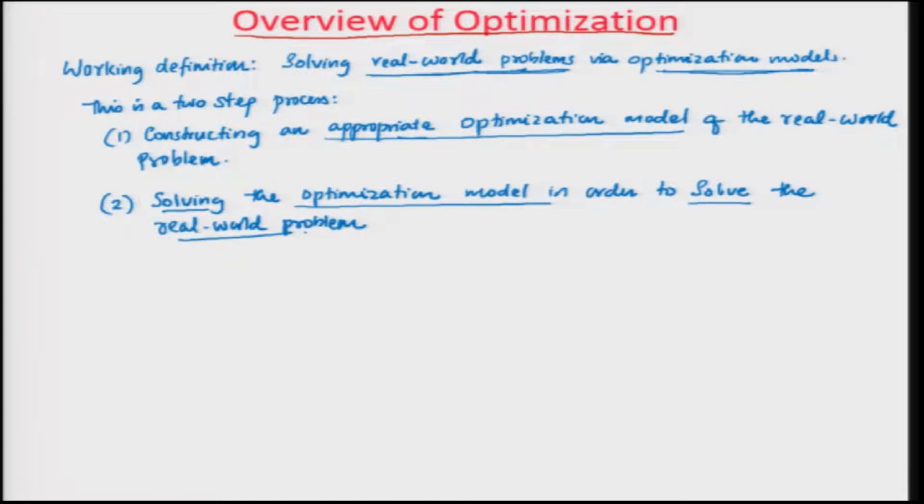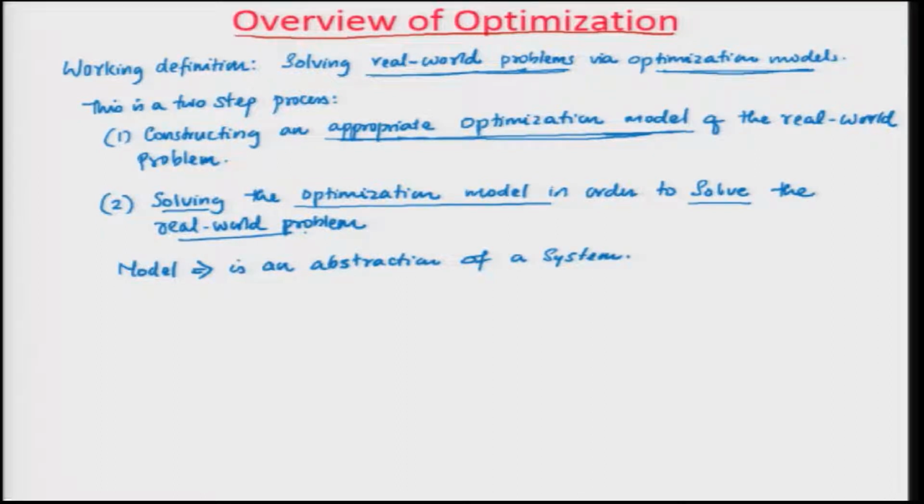And what's an optimization model? It is actually an approximation or an abstraction. When somebody says model, I usually say a model is an abstraction of a system, for any system in that regard.